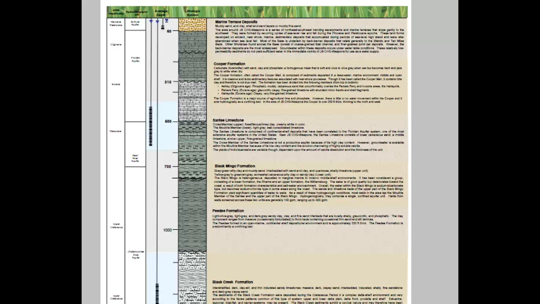So this combined Santee limestone and Black Mingo formation is the major drinking water supply aquifer for the area. A lot of people think that the Santee limestone is the northern edge of the Floridan aquifer, which underlies a large portion of the southeastern United States.